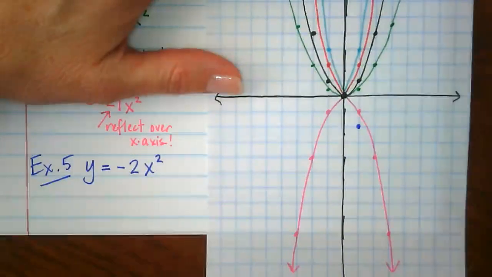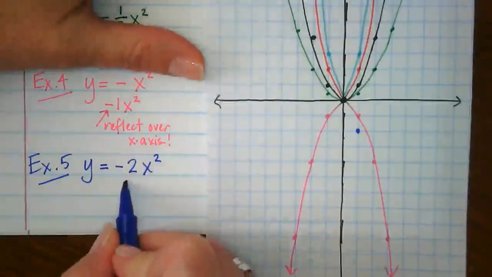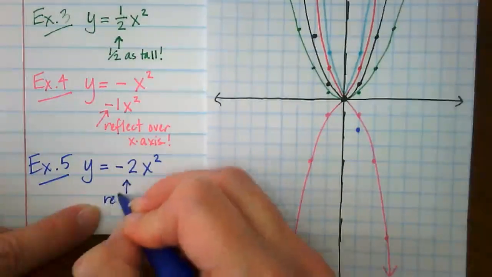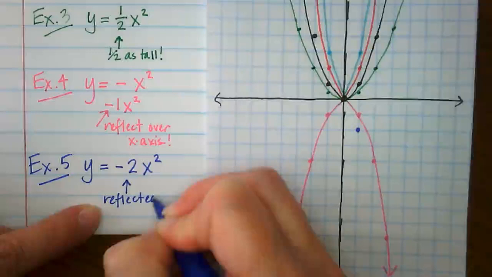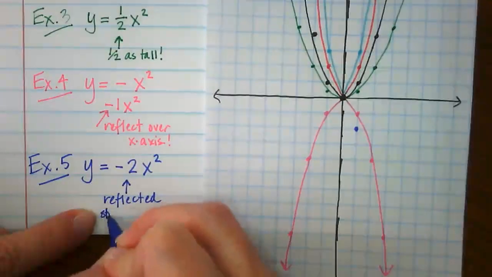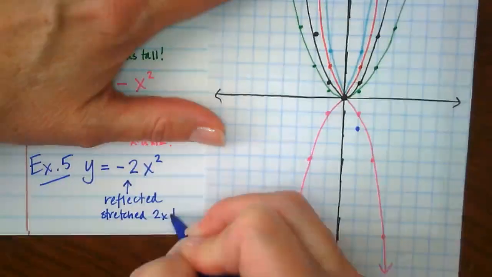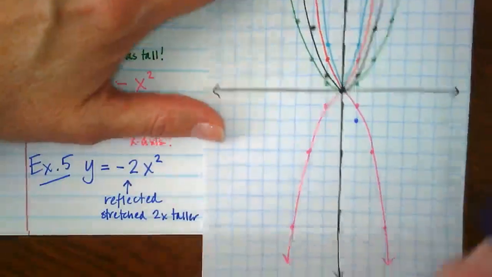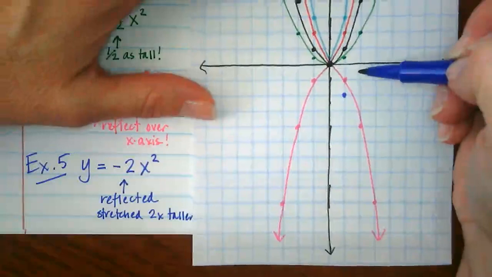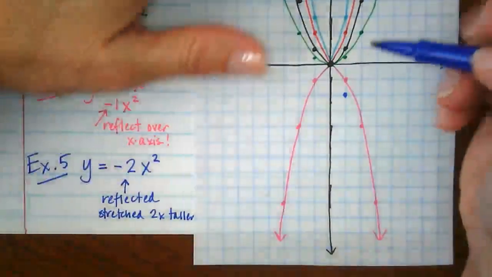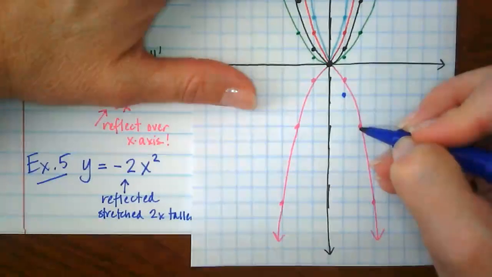Aha, so here's what's happening: this one is not only reflected, it's also stretched to be 2 times taller. So if we fill in 2, squared would be 4, multiplied by -2 is going to be -8.